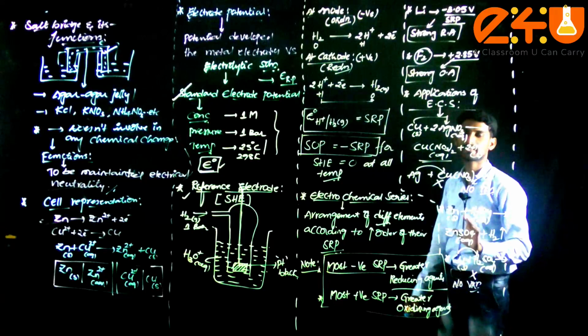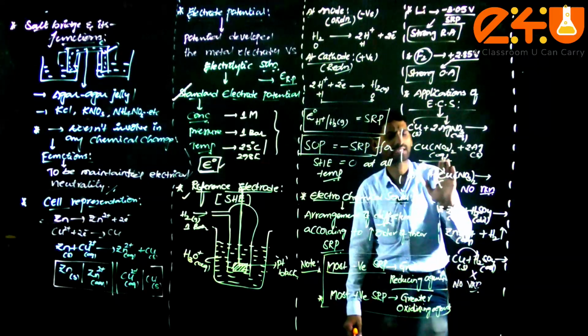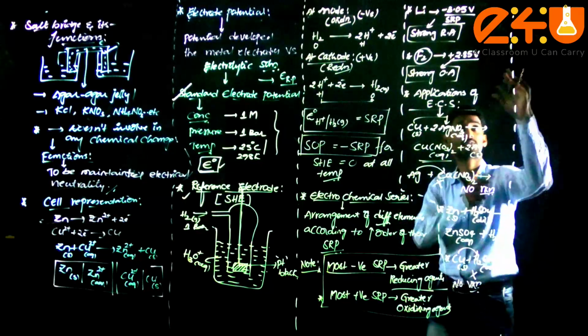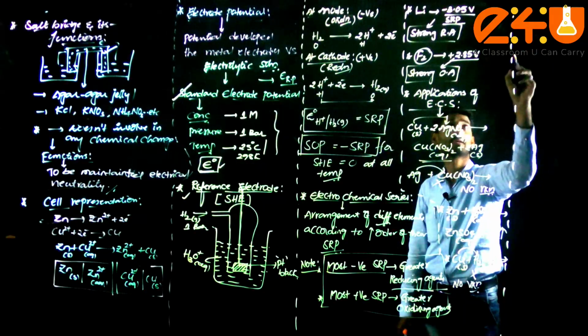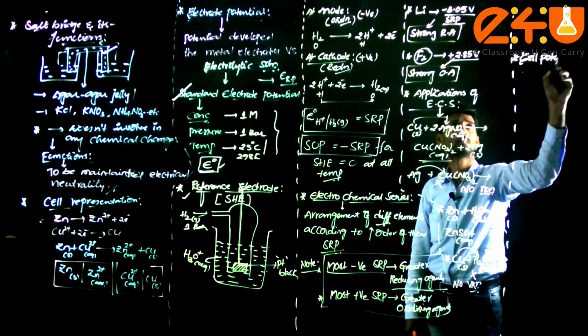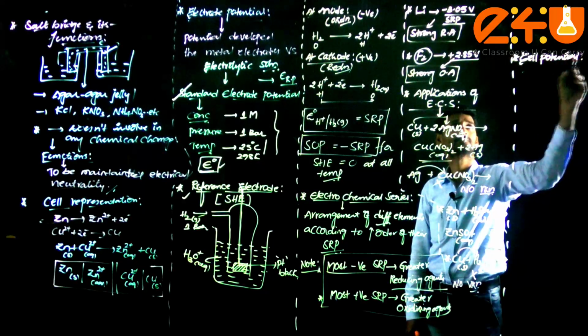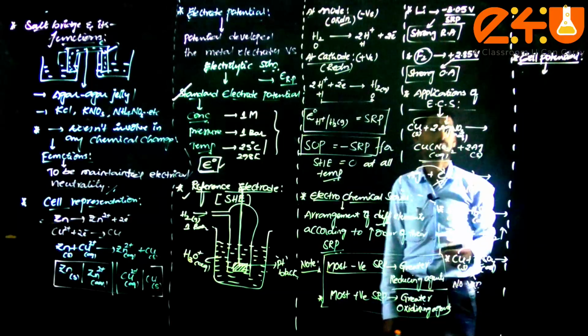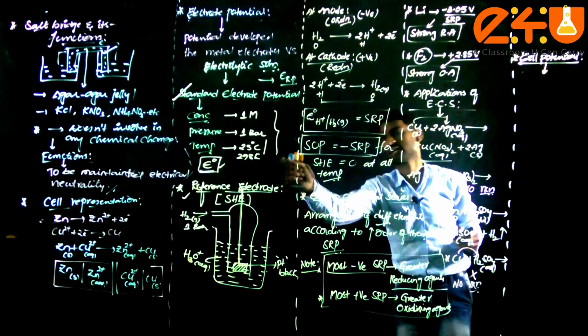This is about, dear students, the electrochemical series applications. Next one, one more is there, that is how to write cell potential. Generally what is meant by cell potential, dear students? You already studied electrode potential.